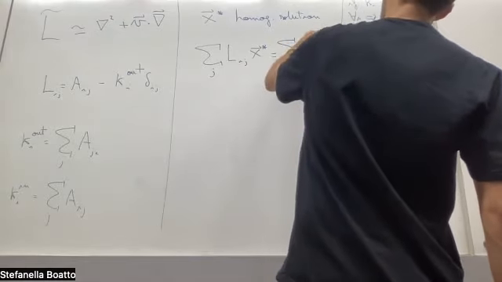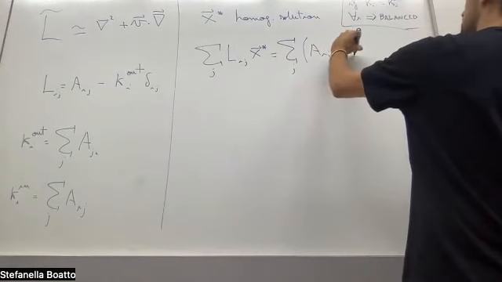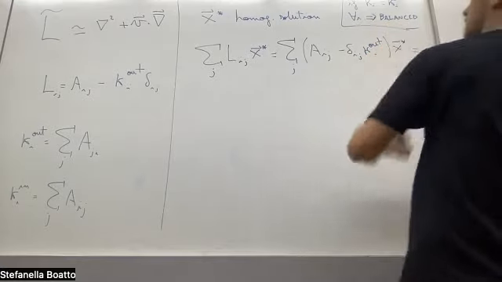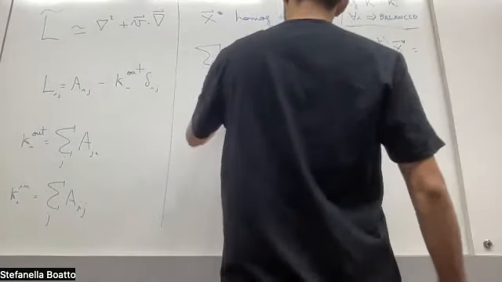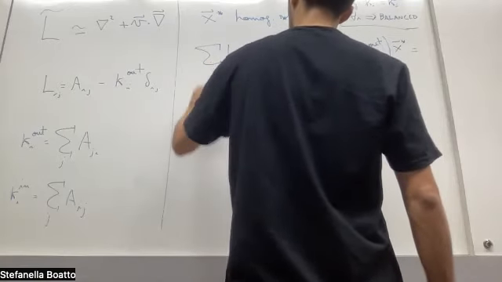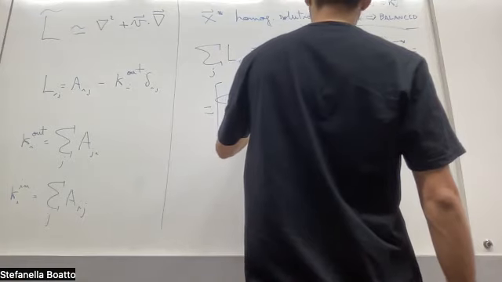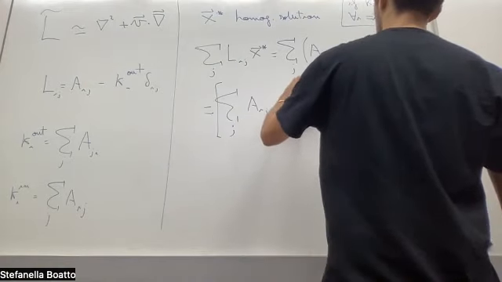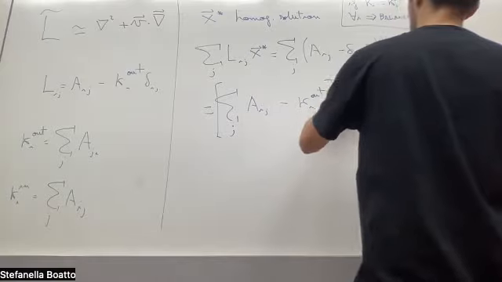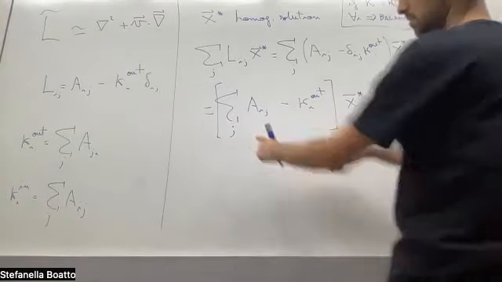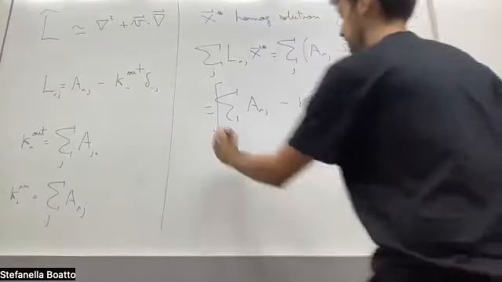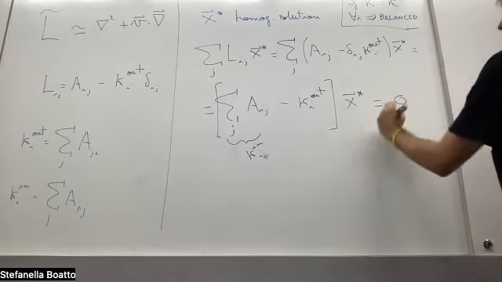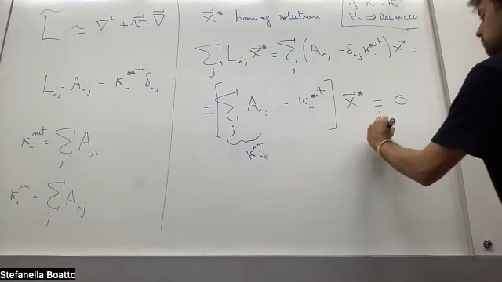And now we have A_ij minus delta_ij k_out. So A_ji, and then we have minus k_out, and this is k_i in, and this is 0 because the two are the same.